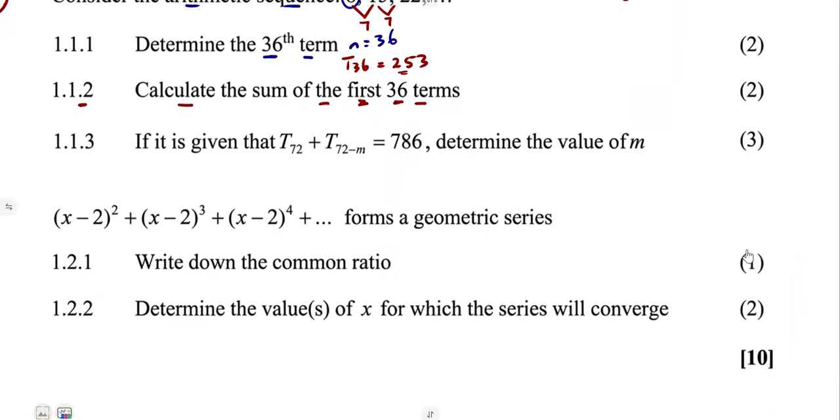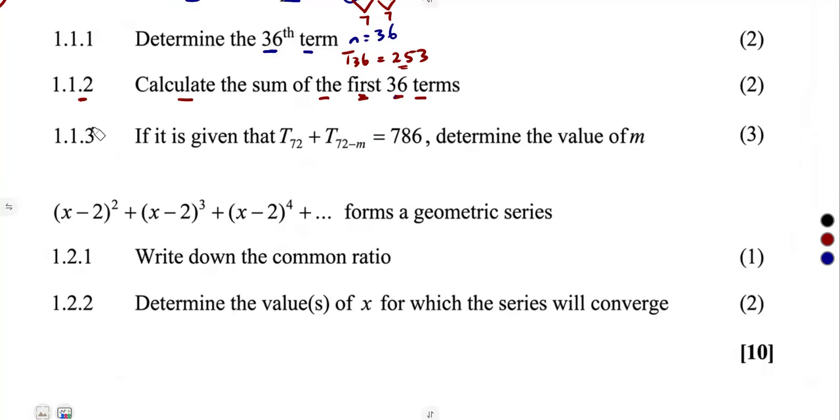Attempt your questions from there. On 1.13, we are given, if it is given that T72 plus T72 minus M is equivalent to 786, determine the value of M for 3 marks. Okay, no problem.